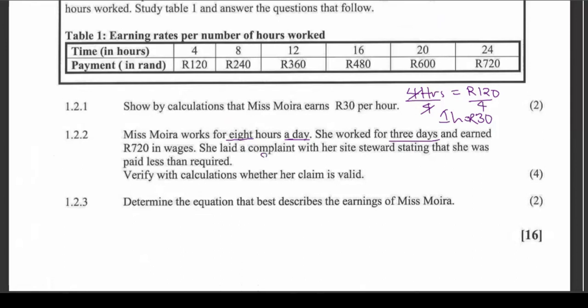Remember, 8 hours a day for 3 days. These are 24 hours. Each hour is 30 rand, which will give you 720. So the claim is invalid.